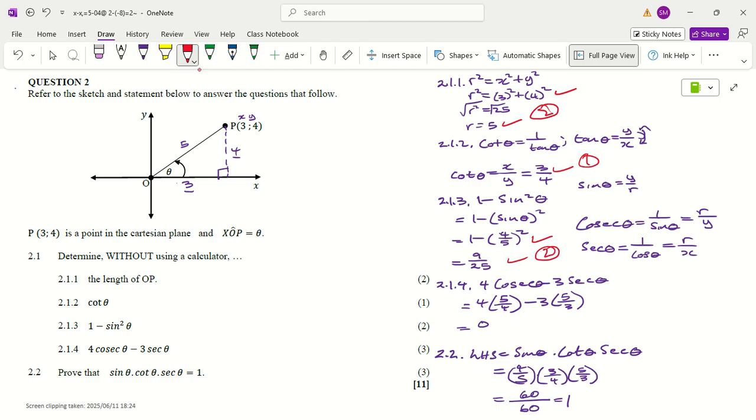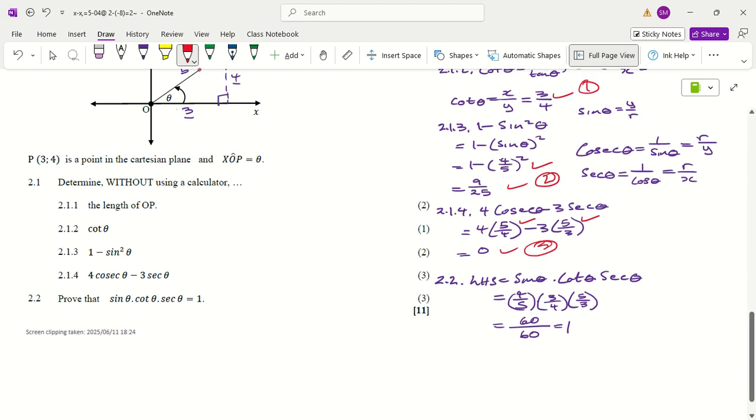And then 2.1.4, you get a mark for substitution of the reciprocal, and then also the other reciprocal, and then the answer. That's 3 marks. And then the last question, 2.2, you get 1 mark for sine theta, 1 mark for the reciprocal of tan, and then 1 mark for the reciprocal of cos. That is 3 marks, and together that is 11 marks. Very simple.